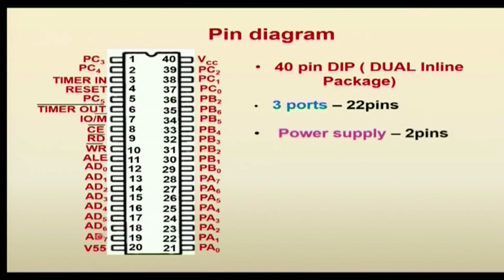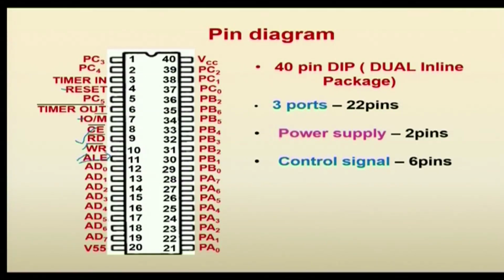Then for every IC we need 2 power supply signals, which are VCC and VSS, that is ground and positive. Then it has 6 control signals, which are read bar, write bar, chip select, ALE, IO/memory bar and reset.